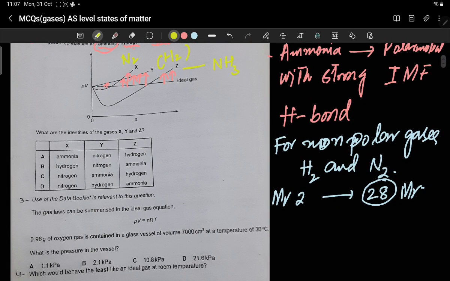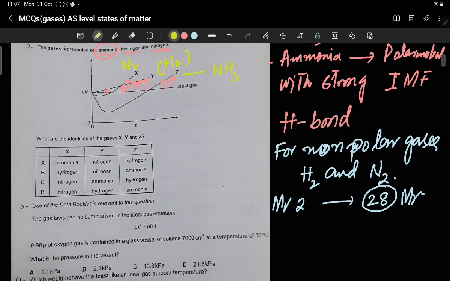So the option is X is nitrogen, Y is hydrogen, and Z is ammonia. So D option is correct.